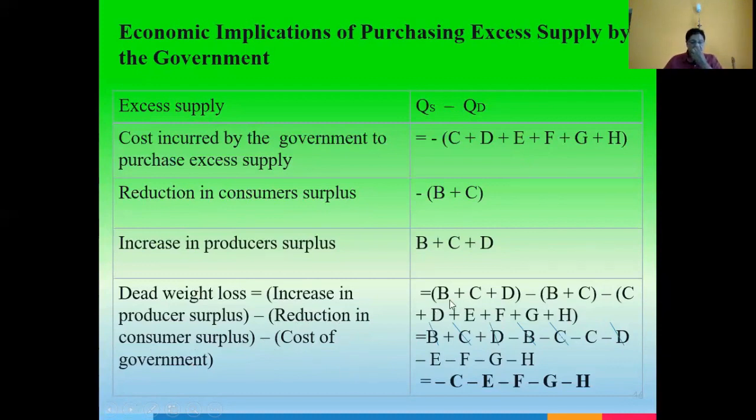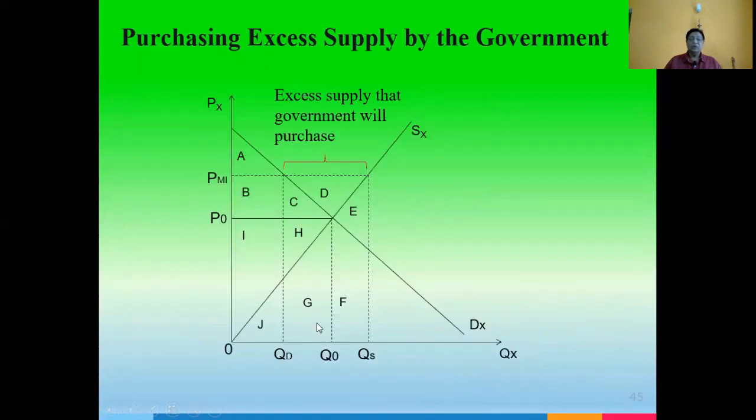Increase in producer surplus is given by the area of B, C, D. Reduction in consumer surplus is given by the area of B, C. Cost for the government is given by the area of C, D, E, F, G, H. When we cancel out positive terms with negative terms, then you will ultimately get C, E, F, G, H as the deadweight loss. C, H, G, F, E as the deadweight loss of this program.